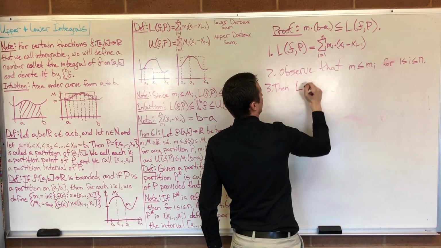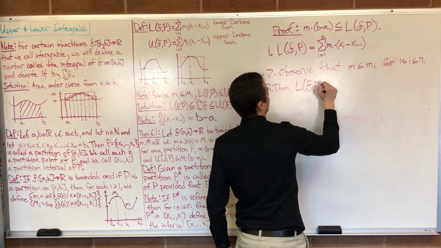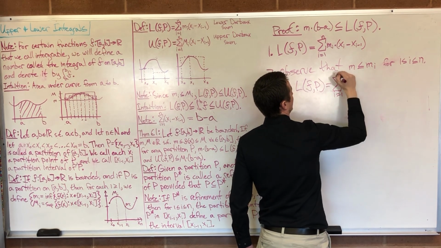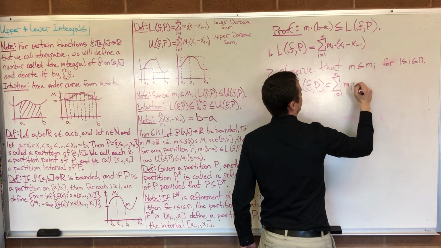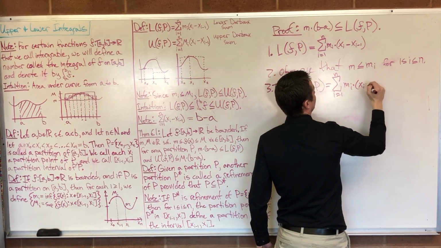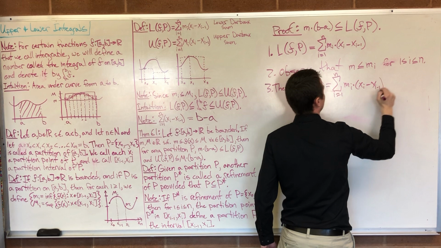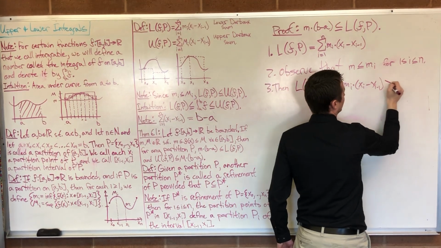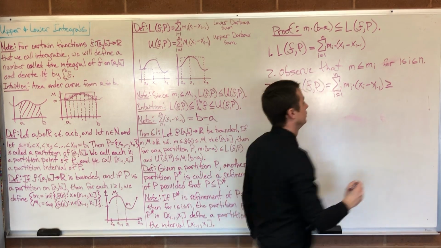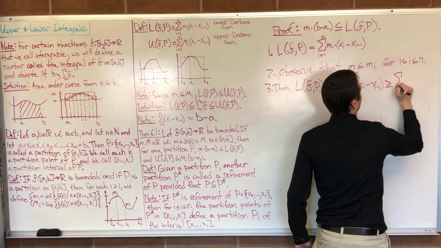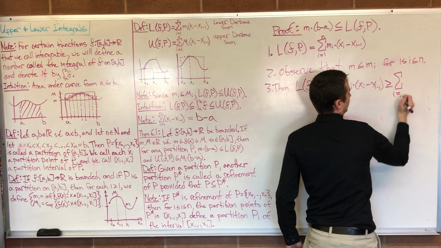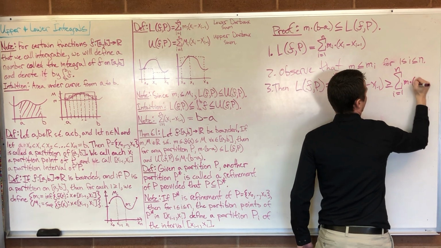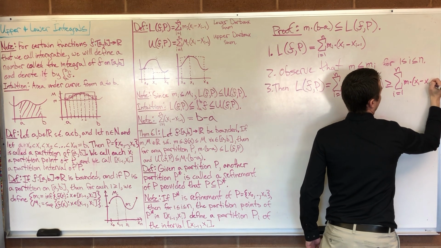Then, L(f, P), which is equal to the sum from i equals 1 to n of m sub i times x sub i minus x sub i minus 1, that is going to be greater than or equal to the sum from i equals 1 to n of m times x of i minus x of i minus 1.